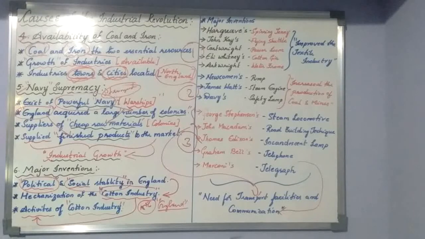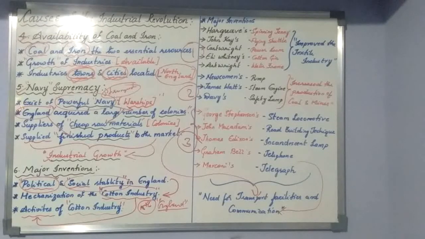So now on one side textile industry development is going on, on one side coal and mine industry development is going on, and on another side transportation and communication development is going on. Together these three areas of invention, politically, socially and economically, made England grow day by day.